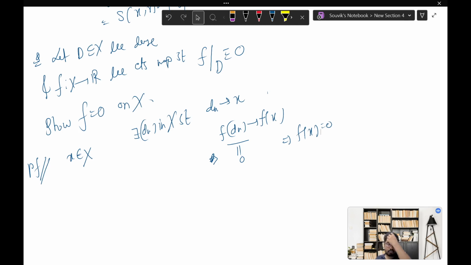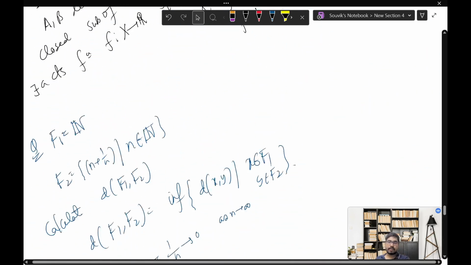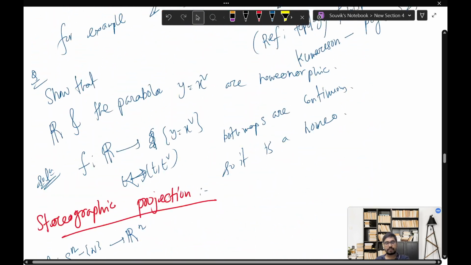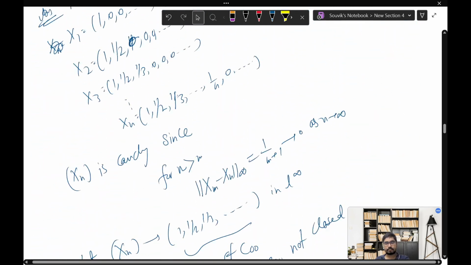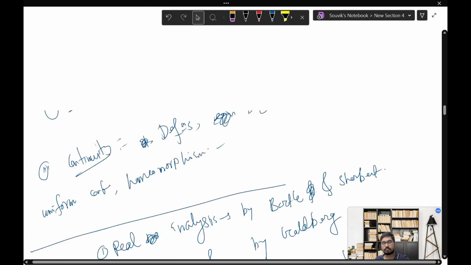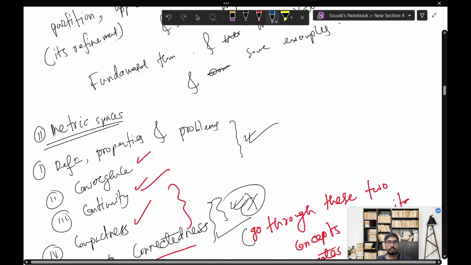Oh, yes. I just recall one thing: among the properties of metric spaces, one important property that we have learned is the notion of Hausdorffness.